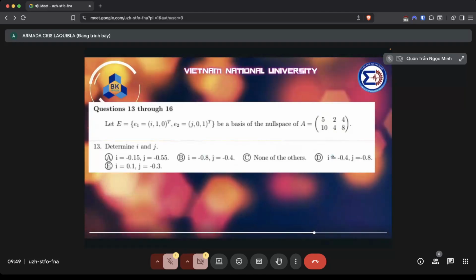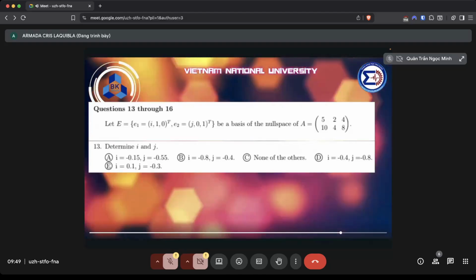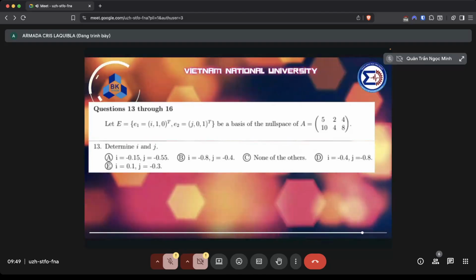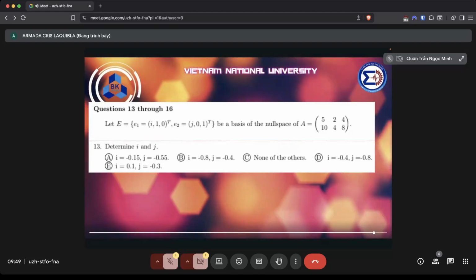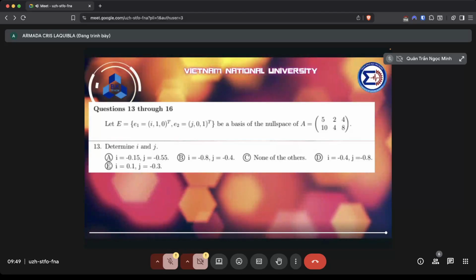By the way, class, this is for questions 13 through 16. If you get a wrong answer here in 13, you will get wrong answers also for 14, 15, and 16 because they will use the I and J there also. So class, be careful sometimes in the test, you should have a correct answer for the first question.